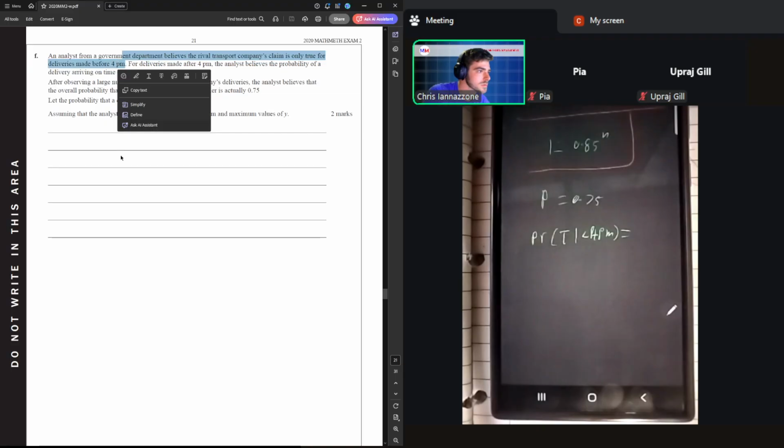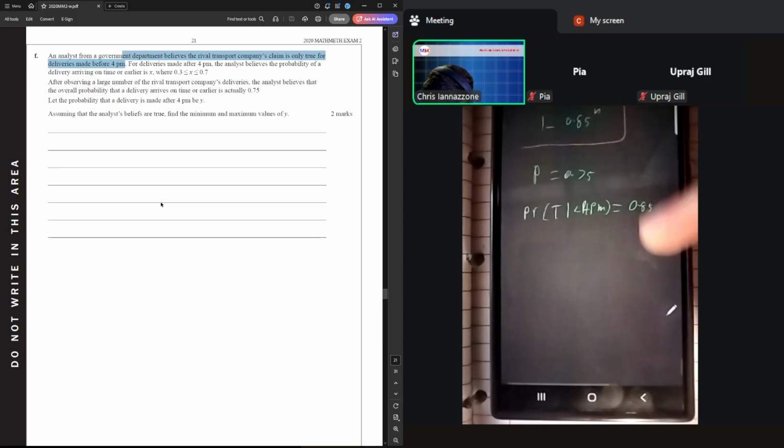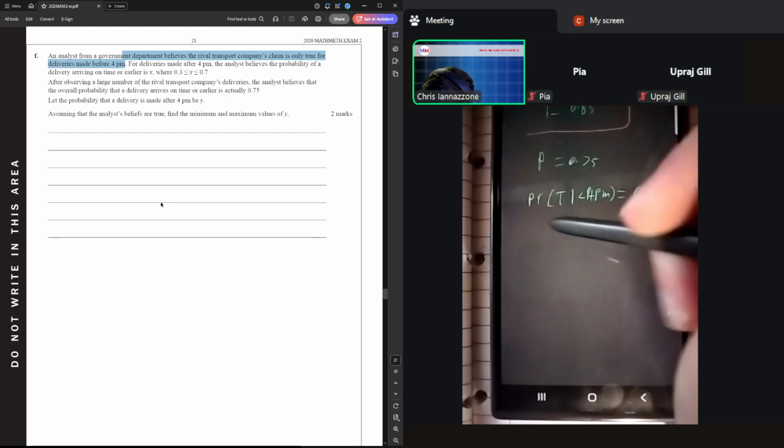That's when it was true, right? It was true means 0.85 for that, which means we can make that the conditional now.